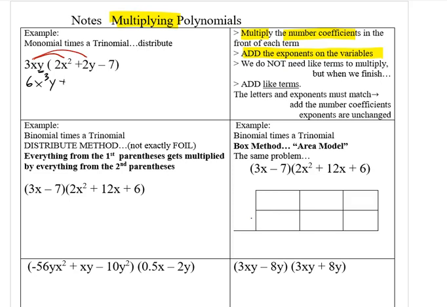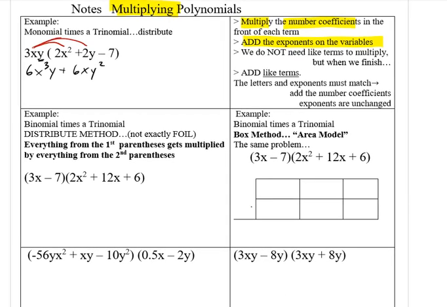Multiply the numbers to get 6. There is no x in this term here, so it's just going to be an x for the first one. And then y and y makes y squared. And lastly, the last term, 3 and negative 7 makes a negative 21, and the x and y just follow. Here's your answer.